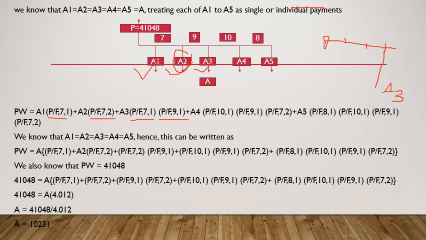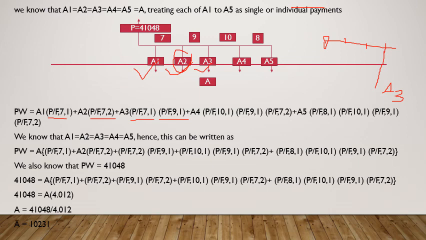This is how I need to convert A into P. Straight away I cannot convert because the rates of interest is varying from 0 to 5. Individually I have to consider, for the time being, each one of A as individual payment or single payment, and then go on converting one by one.